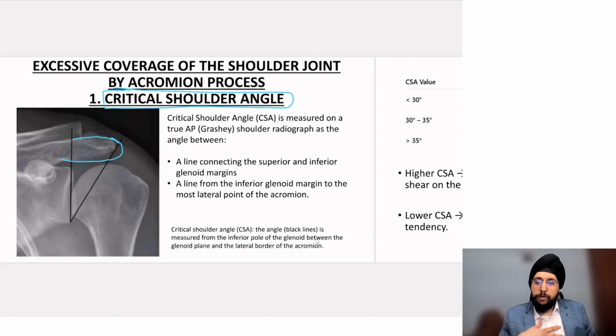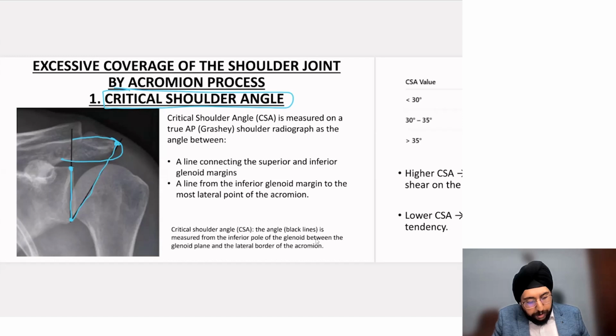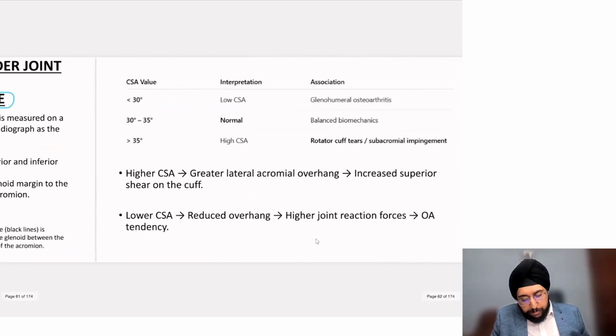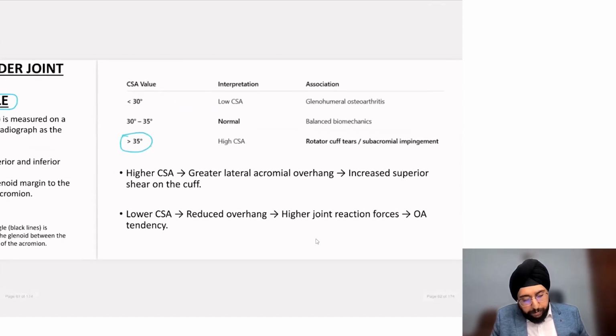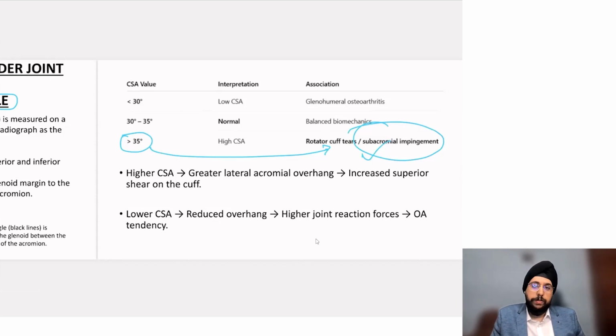I'm telling you this because sometimes you may see this but not know how to describe it in your reports. So you draw a line joining the superior and inferior aspects of the glenoid, and one from the inferior aspect of the glenoid to the lateral most aspect of the acromion, and you measure this angle. If it's more than 35 degrees, it's also associated with subacromial impingement. This much you should know.